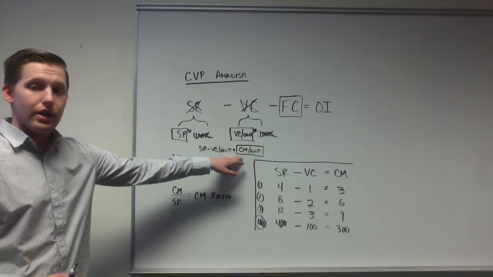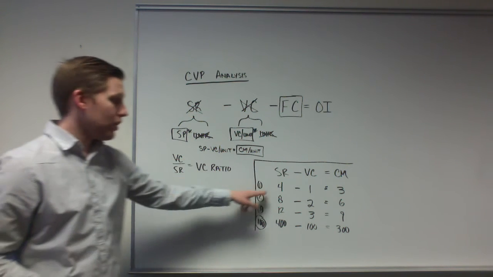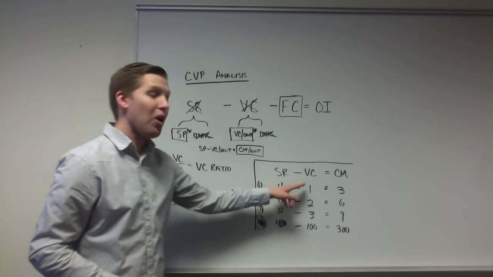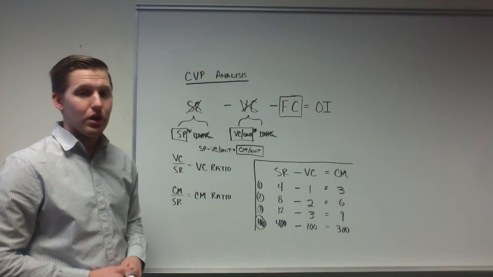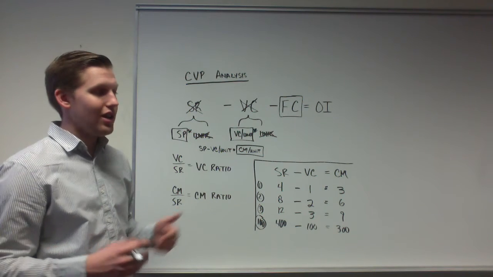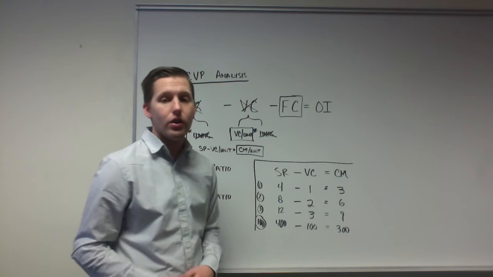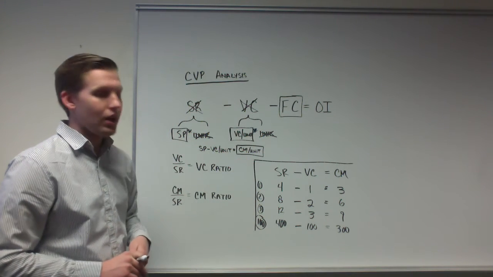I care about this. Again, if sales price doesn't change, it's always $4. And if my variable cost per unit doesn't change, it's always $1. Then my contribution margin per unit, $3, is also never going to change. For every unit, I get $3 of contribution margin. Okay, so we also care about that.